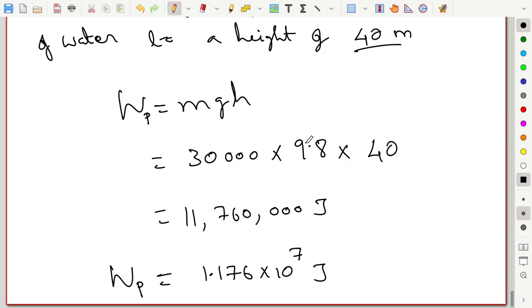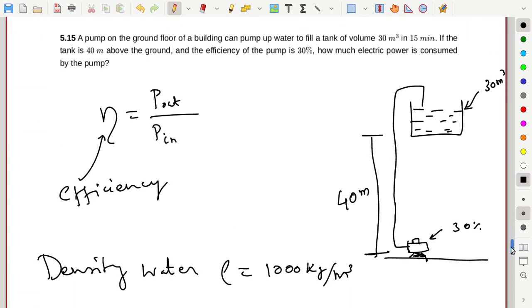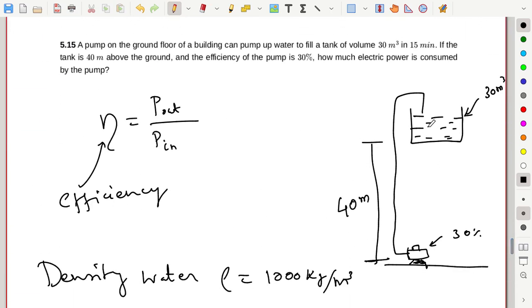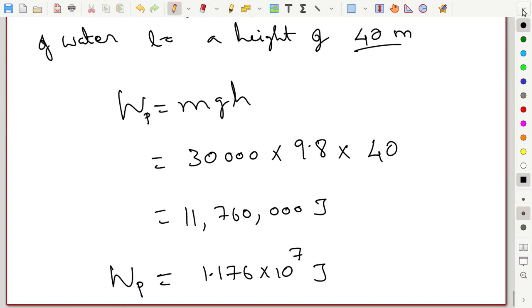So next we have to calculate the power utilized to perform this work done. The pump lifts this water of 30,000 kg in what time? In 15 minutes. So we know power equals work done by time.